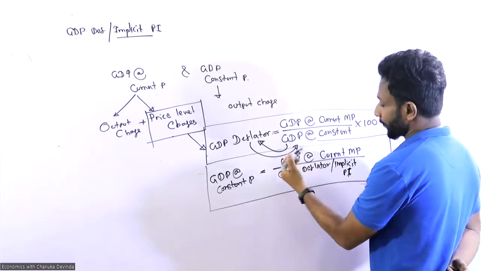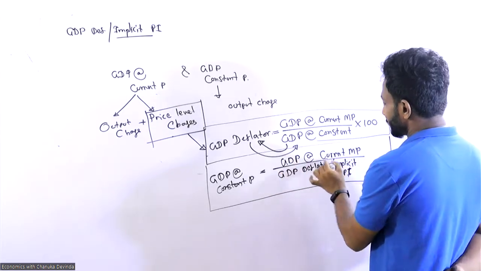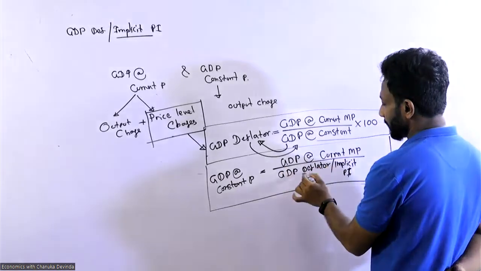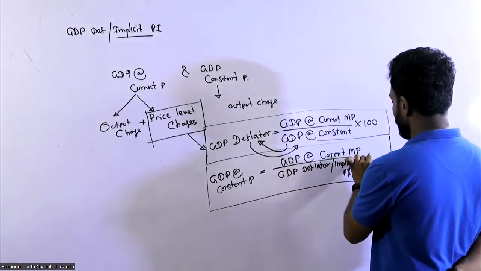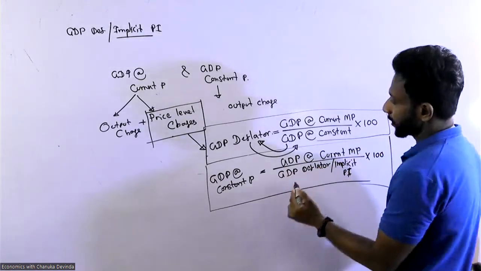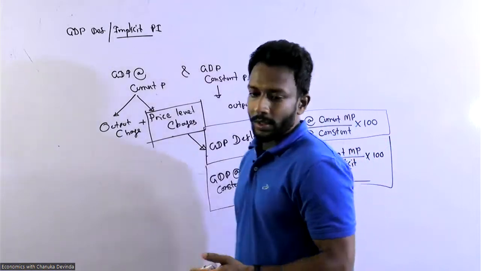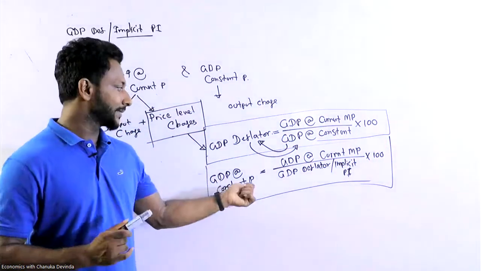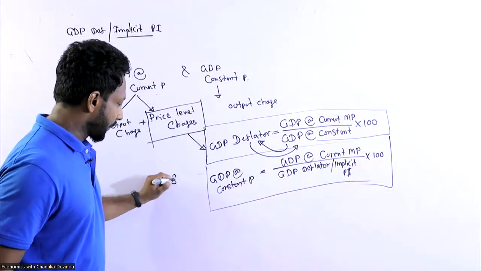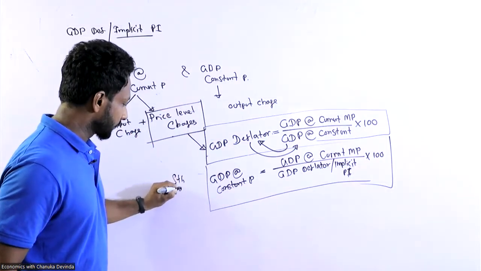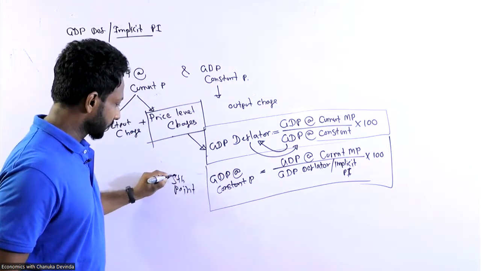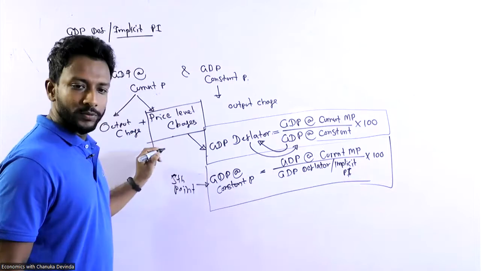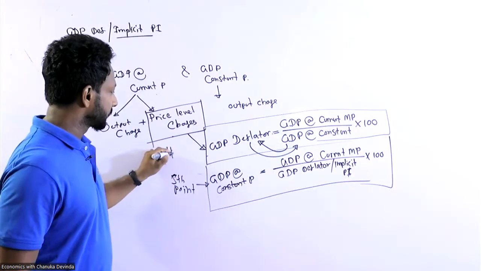You have to divide the current market price GDP by GDP deflator or implicit price index, into 100. So this is it, right? Both formulas should be written down because the fifth point says this formula, this is the fifth point formula. The fourth point says this formula.